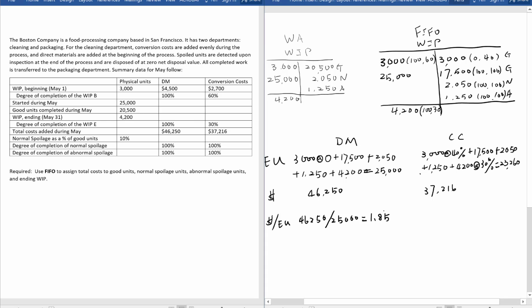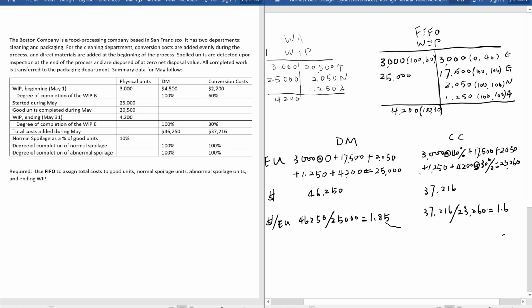Conversion costs per equivalent unit is 37,216 divided by 23,260, equal to 1.6.